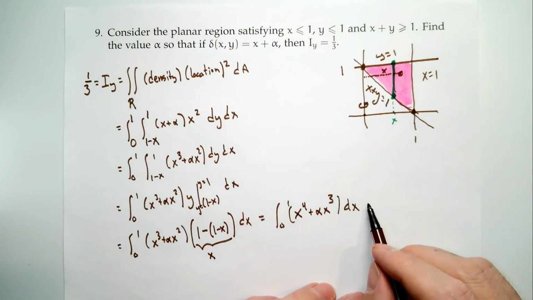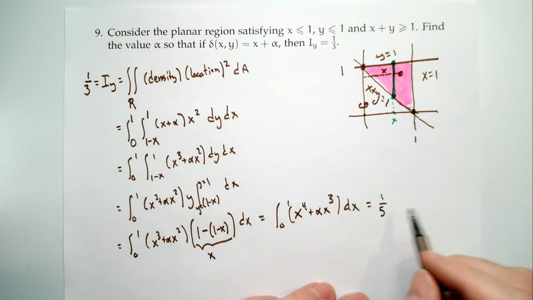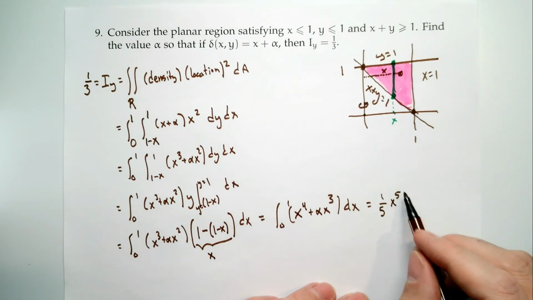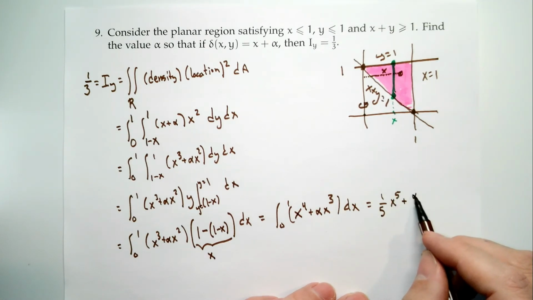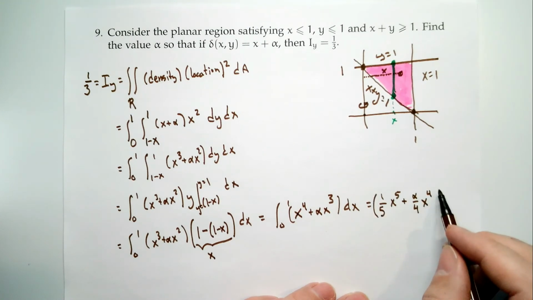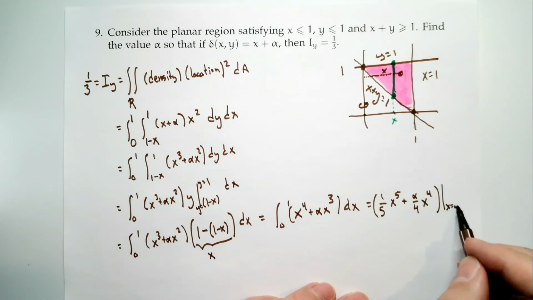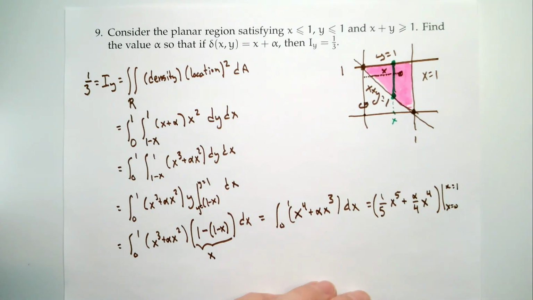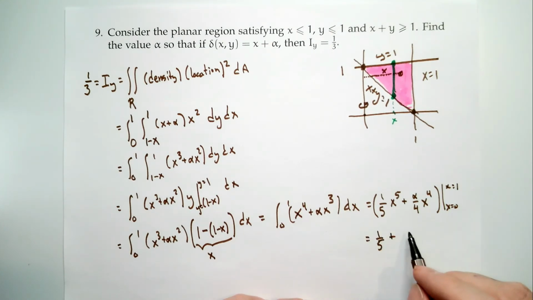Well, now we integrate. 1/5 x to the 5th plus alpha over 4 x to the 4th, and you evaluate that from 0 to 1. The nice thing is when you plug in 0, you get 0. What happens when you plug in 1? You're going to get 1/5 plus alpha over 4.